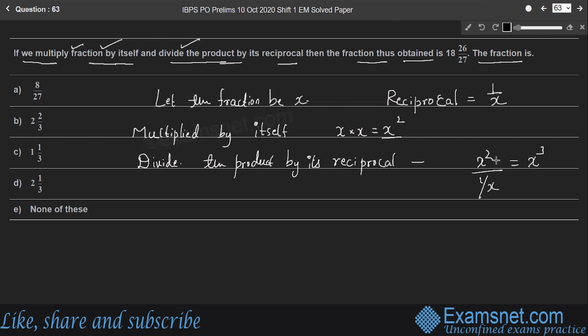Then the fraction thus obtained, this x cube, is 18 26/27. So x cube is equal to 18 26/27, which is equal to 512 by 27.